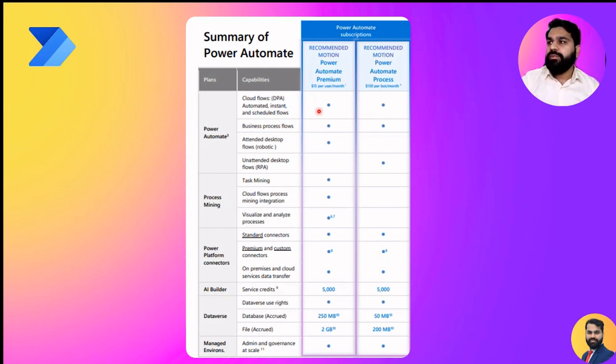When I have this license, I will be able to run any of the automated flows, any of the scheduled flows, and any of the instant flows also, which is on a button click. These instant flows are not triggered from Power Apps or from Copilot Studio. So I will be able to run these.